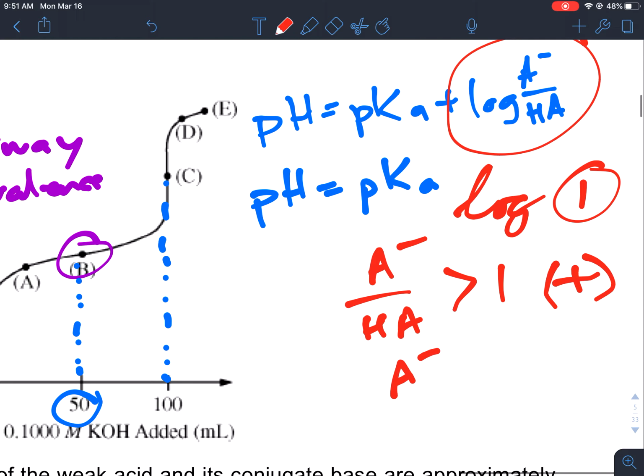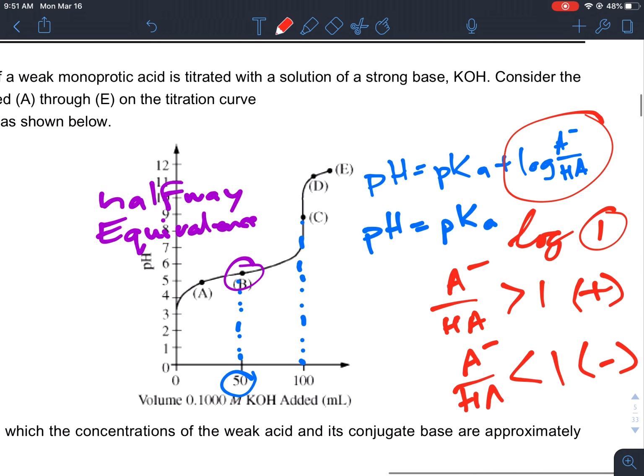If your A minus over your HA is less than 1, and I don't mean a negative number, I mean a fraction less than 1, then it becomes negative. If you use a negative number, logs don't understand negative numbers, okay?